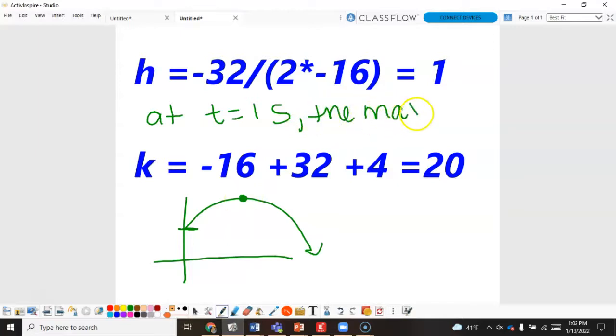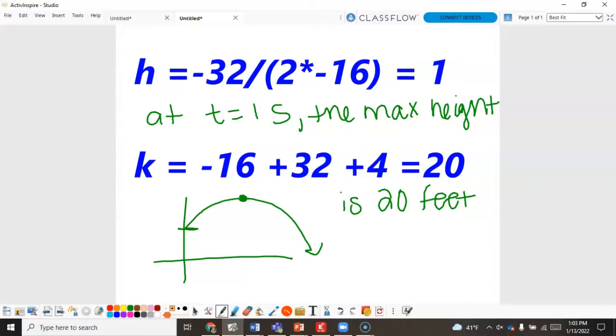The max height, in feet, is 20 feet, because that is the y value, or my k value. When we talk about maximums and minimums, where do they occur? At the vertex, k. So after 1 second, the max height is 20 feet.